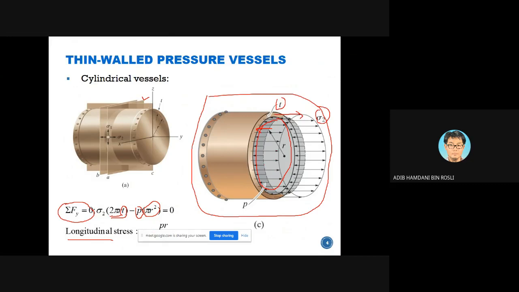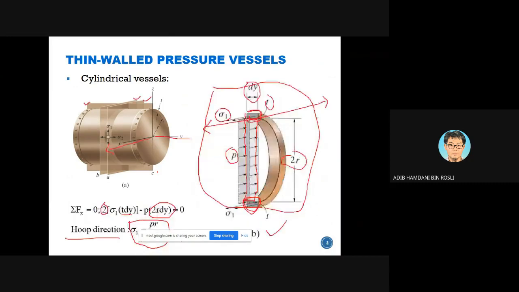And then you manipulate this equation. You simplify, and you will get your longitudinal stress sigma 2 equals PR over 2T. Again, P is internal pressure, R is the radius, and T is the thickness. You have 1 over 2 over here. You realize that the longitudinal stress, sigma 2, is half of the previous one, the hoop stress.